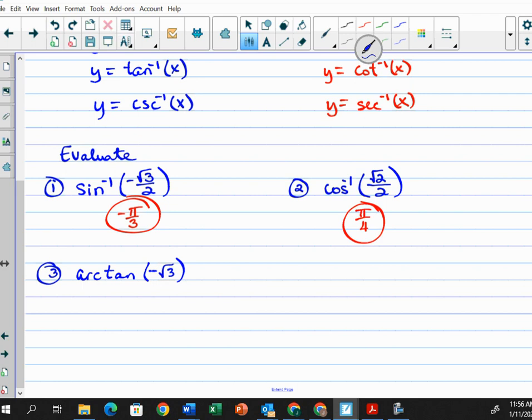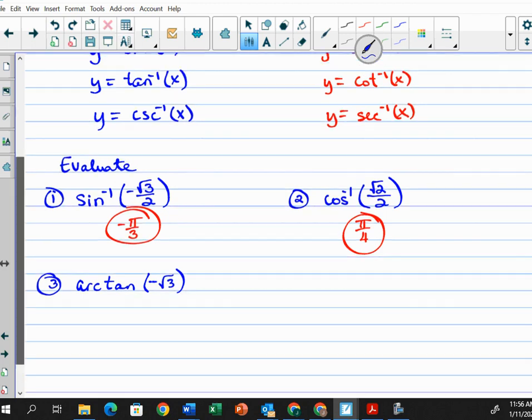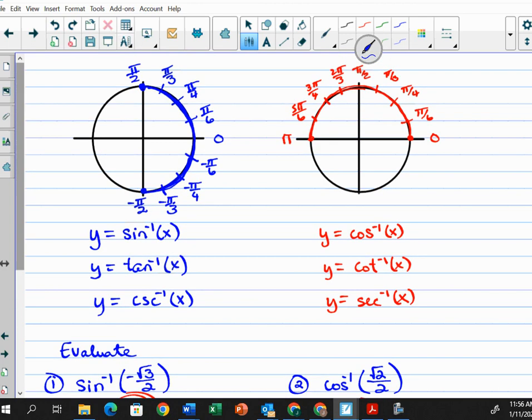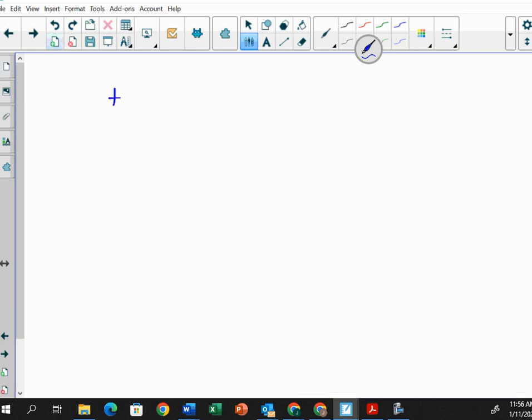Okay. Which part of the circle are we using? Blue or red? Blue. It was negative, so you know it's in the fourth quadrant. Think about your shortcuts. Where does tangent equal root 3? It's one of them.